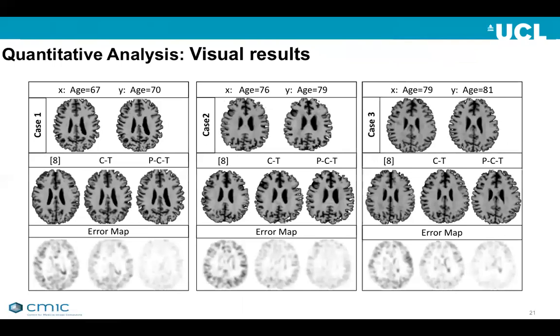In the last line, we can see the error maps. If there is no error, it will be completely white, so we prefer to have a completely white error map. As you can see, the configuration that again uses all 3 components active, that is PCT, has the best error map.